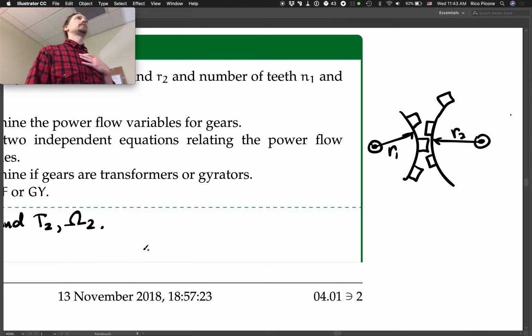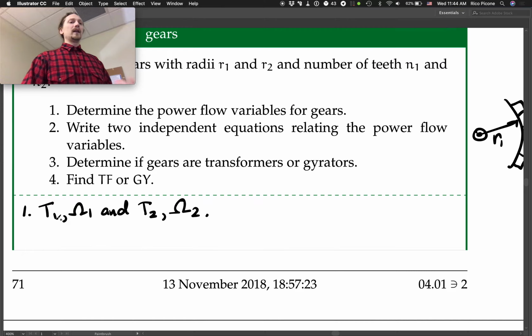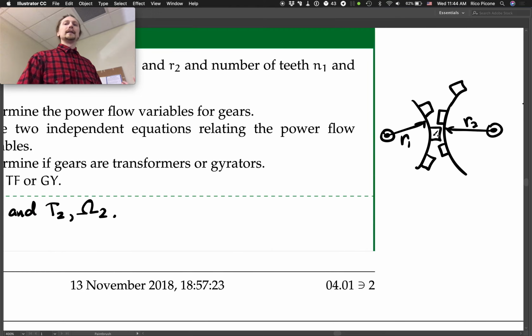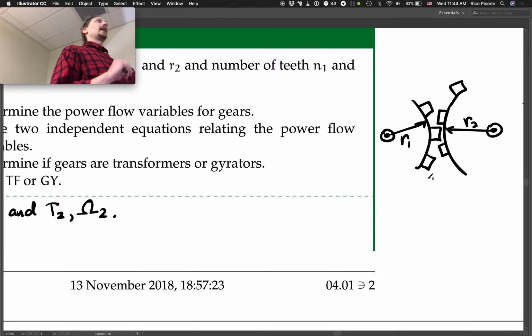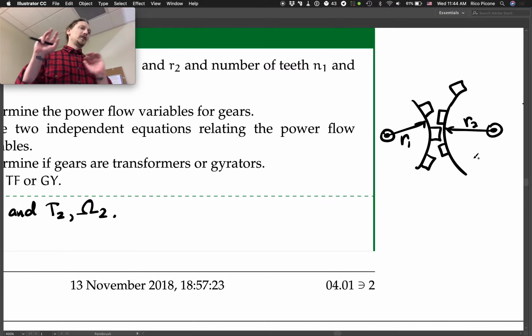To change velocities. Yeah, so remember that power is the product of torque and angular velocity, right? So assuming that you don't have a lot of loss of power in this interaction, then the product of torque and angular velocity has to be equal on both sides. If you change the angular velocity from one side to another, which is easily done by changing the radii, then the power is going to be the same, so the torque will also be different.